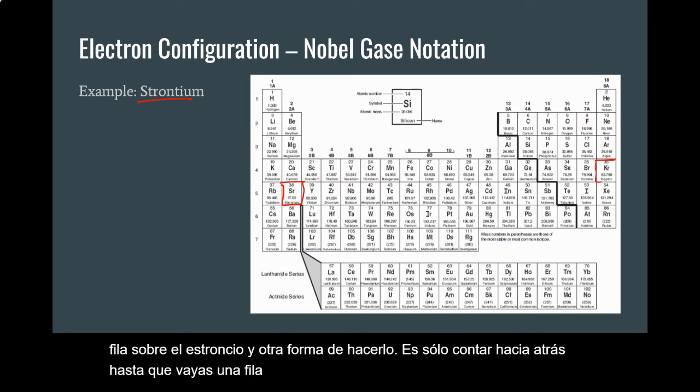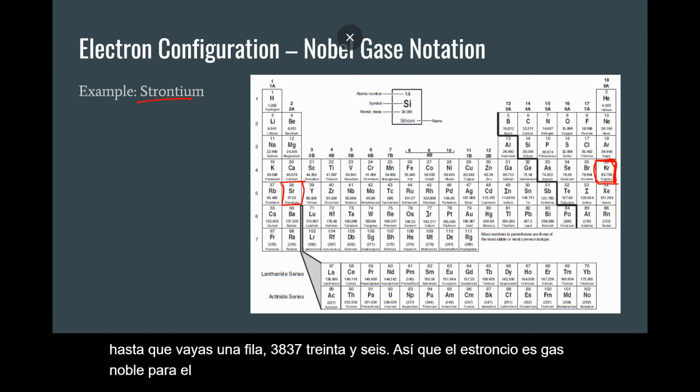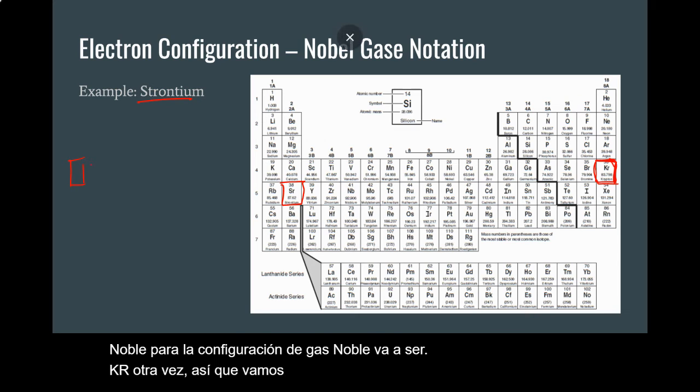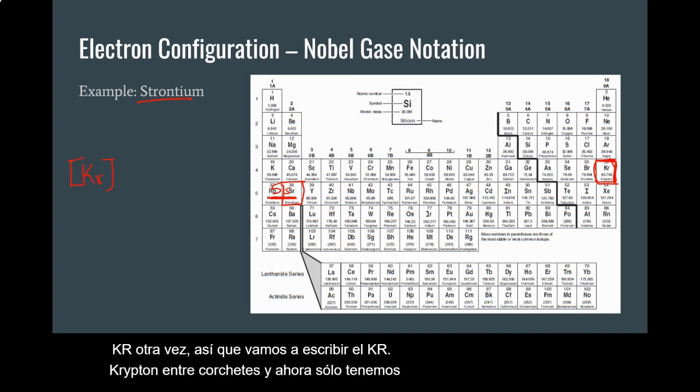So strontium's noble gas configuration is going to be Kr again. So we're going to write the krypton in brackets. And now we just have this 5s. And that's strontium, it's 5s2. See how simple that is?